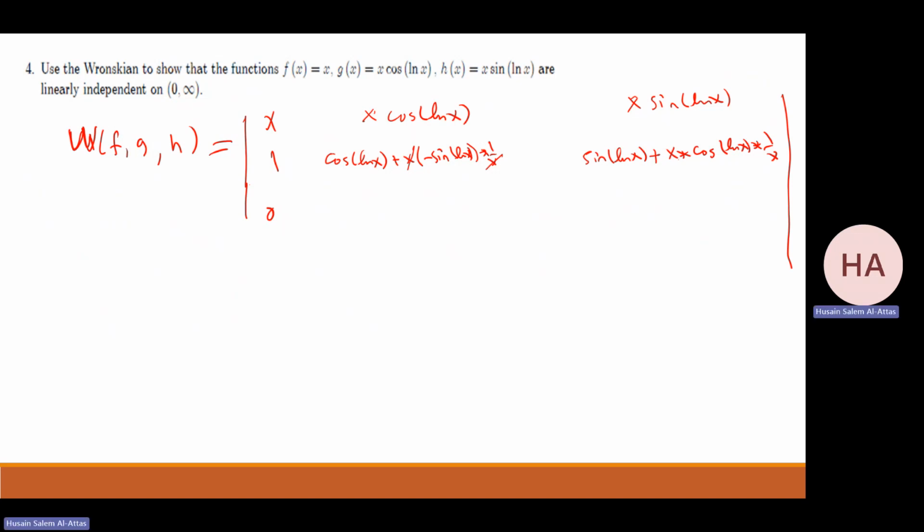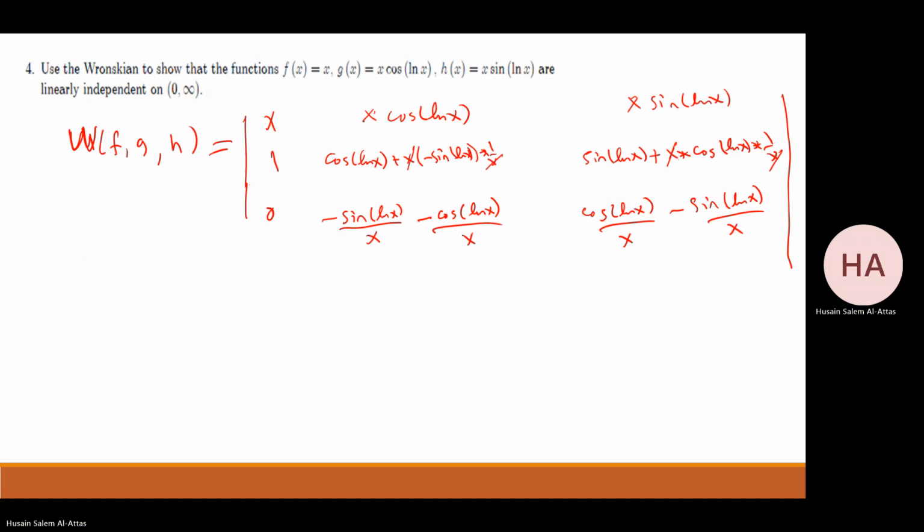And that gives me minus sine ln x over x times 1 over x, which is over x. This one, minus cosine ln x over x. This one will be cosine ln x over x, x cancelled. I have cosine ln x, which is minus sine ln x over x.